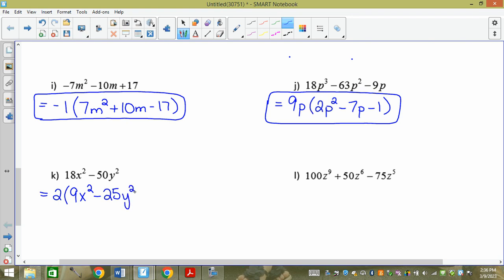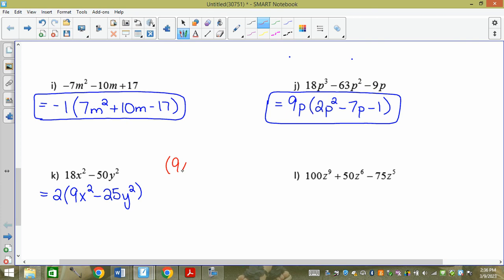This is leading you to the next page. 9x squared and 25y squared are perfect squares, because if I take the square root of 9x squared, I get 3x, and if I take the square root of 25y squared, I get 5y. So they're perfect squares, right? They're also a difference of perfect squares because there's a subtraction sign in there. So we can actually keep going with this because this is a difference of squares. I'm going to show it to you off to the side here.